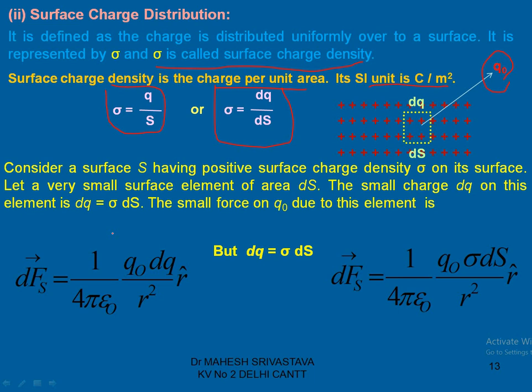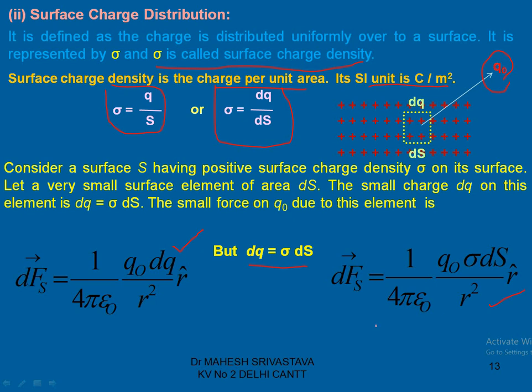Again, the force on test charge q naught due to small charge dq, dF_S vector, here S is for surface charge distribution, equals 1 upon 4 pi epsilon naught q naught dq upon r square r cap. But here dq equals sigma dS. Substituting this value in place of dq, you will get dF_S vector equals 1 upon 4 pi epsilon naught q naught sigma dS upon r square r cap.